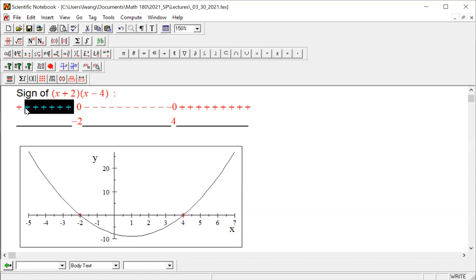This positive corresponds to what? Corresponds to this positive piece. Do you guys see that? And this positive piece corresponds to this positive. And these are negative. Are they consistent or what? Very consistent.